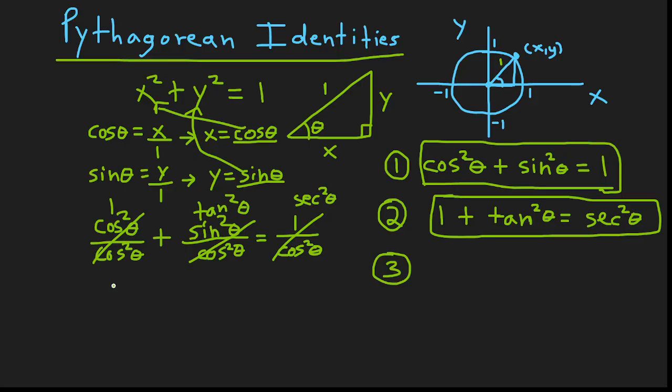And so when we do that, we're going to get cosine squared theta over sine squared theta plus sine squared theta all over sine squared theta, and that's going to equal 1 over sine squared theta.